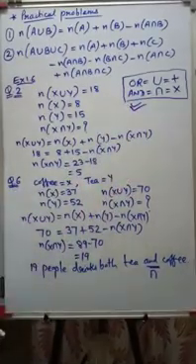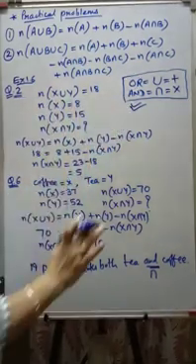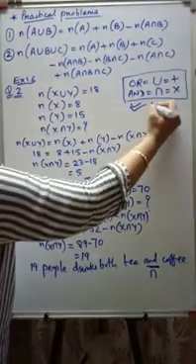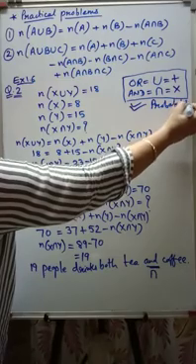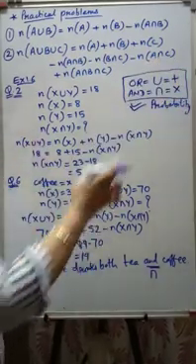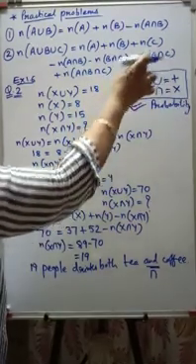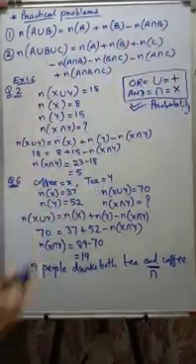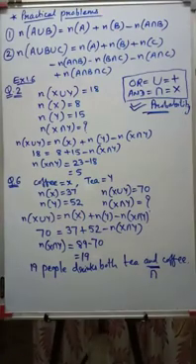Somewhere you are going to use it, somewhere you are not. This is very much helpful in the chapter on probability. But since we are using union and intersection in sets, I am explaining it to you. Union means or means plus, intersection means and means multiply. So this can be used everywhere.